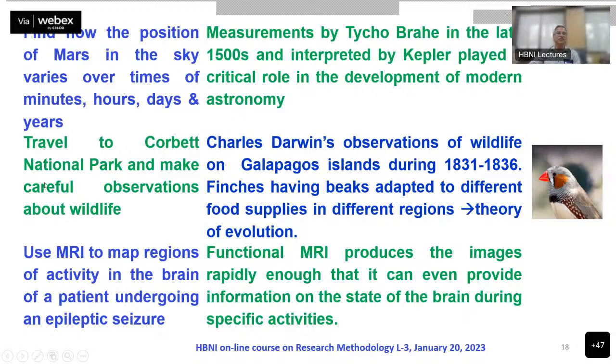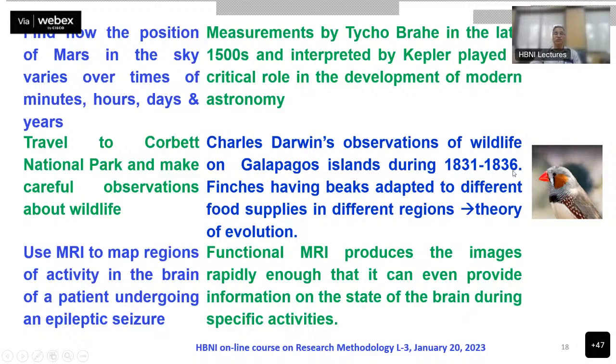Another very interesting one, for those who are in evolutionary science: travel to Corbett National Park, make careful observations about wildlife. What Charles Darwin did in the 19th century. Charles Darwin observed the wildlife of the Galapagos Islands during 1831 to 1836.